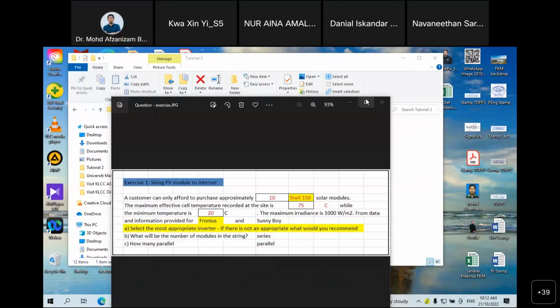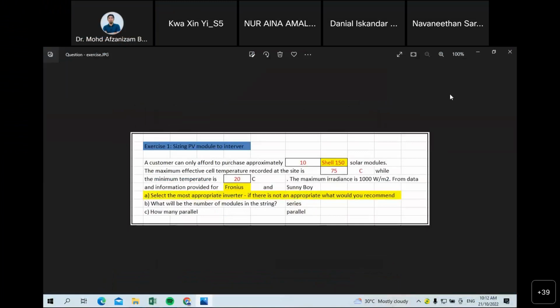All right, guys, this is the thing we want to solve for today's session. Just pick one sample of this question. A customer can afford to purchase approximately 10 modules of the type Shell 150.